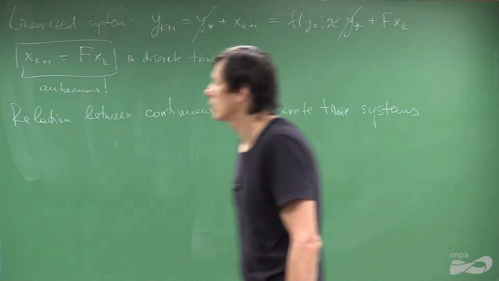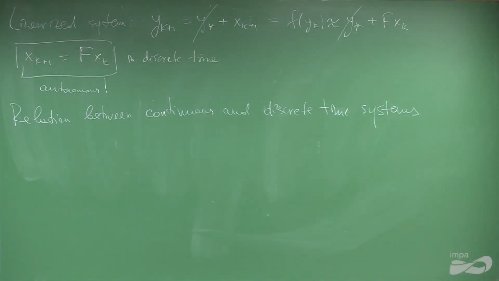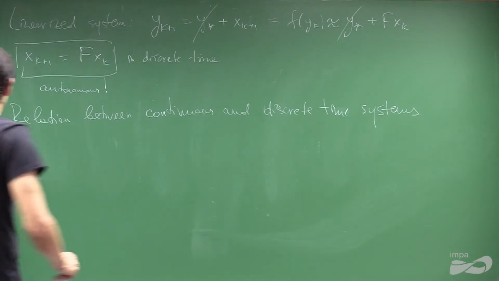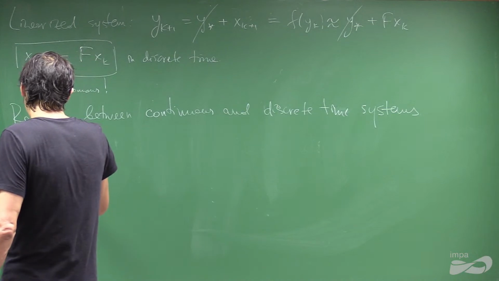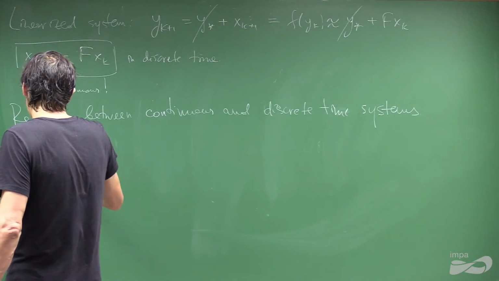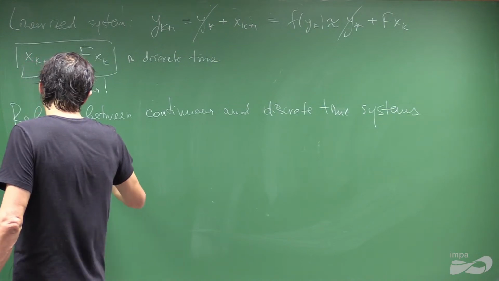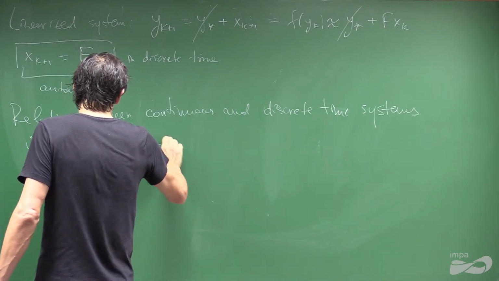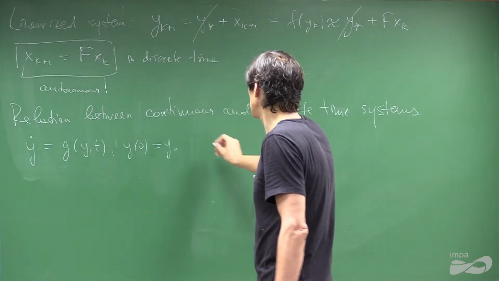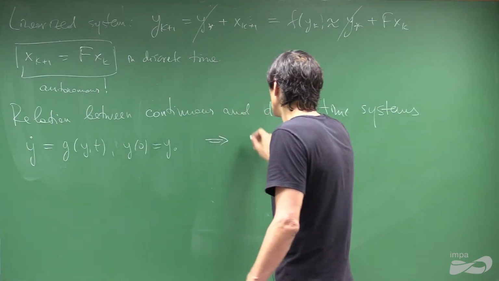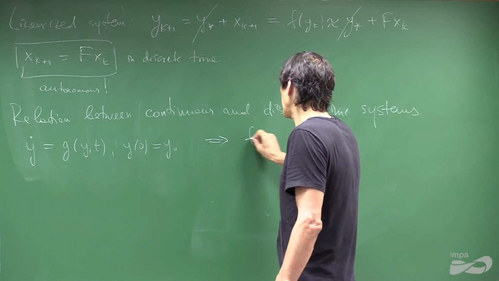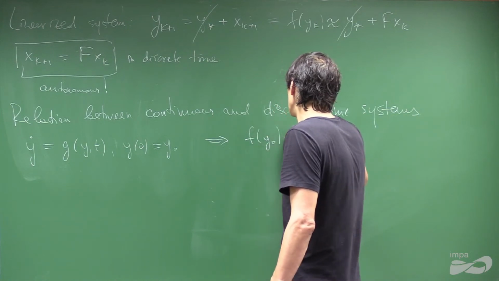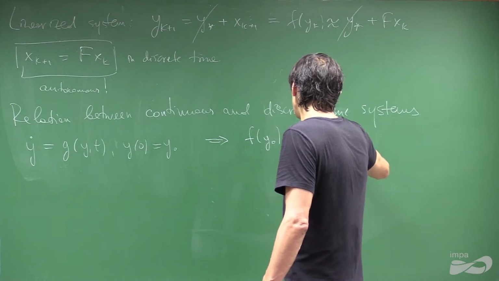So what's the connection? The connection between the original systems, which is a nonlinear system with continuous time and the nonlinear system with discrete time, is rather clear. So if you solve the equation of motion with some initial condition y0, then you define f of y0 just as the solution at a single period.